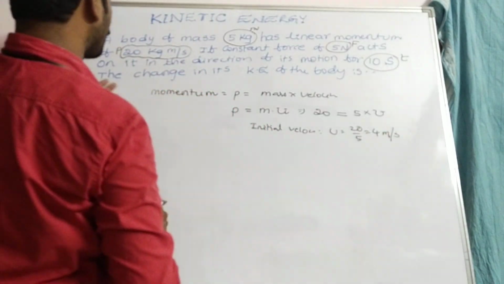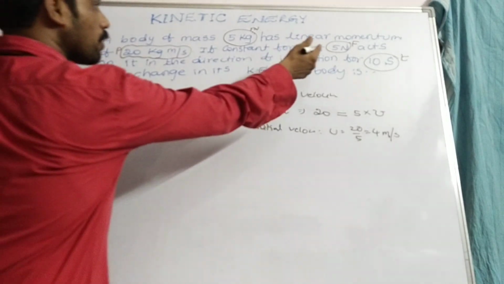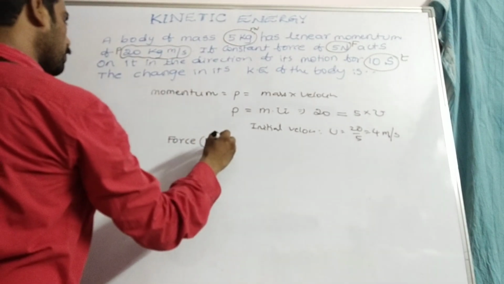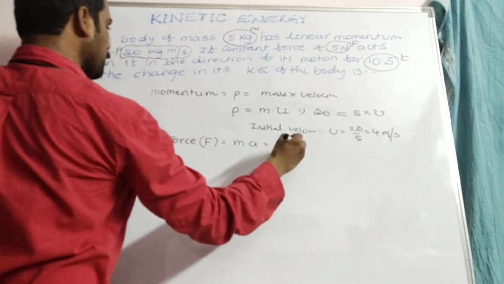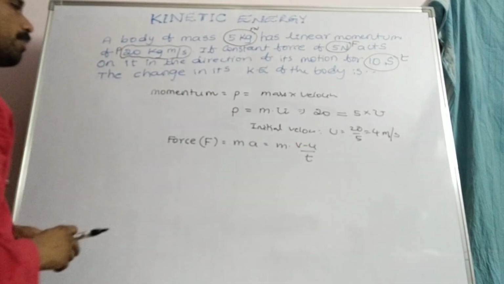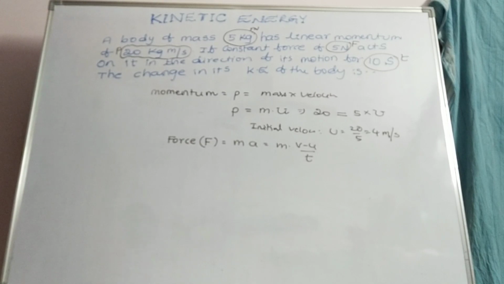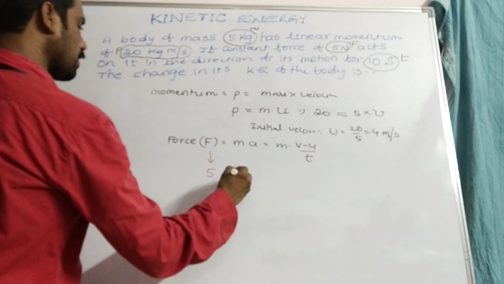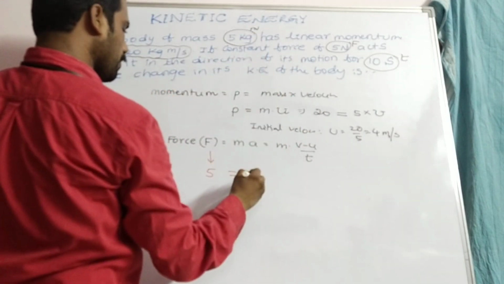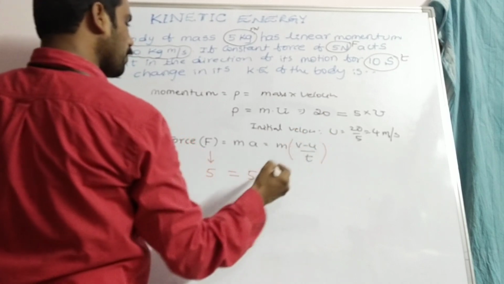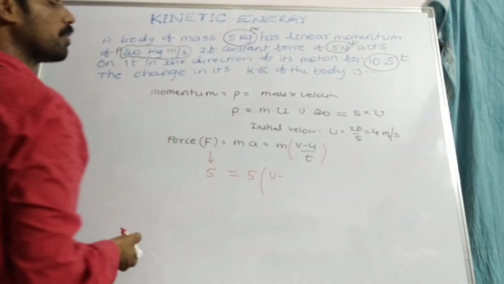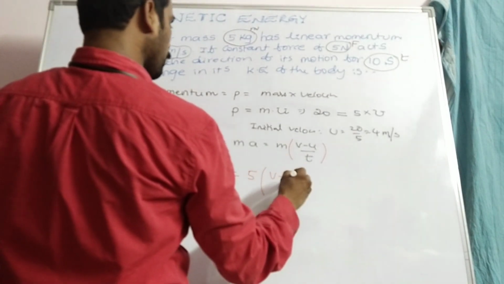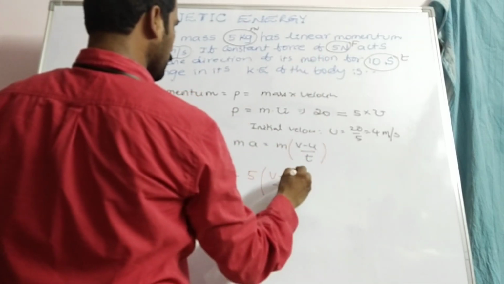Using this, we can find the final velocity. We have the magnitude of force, so we can write force F is equal to ma, which can be written as m into v minus u by t. For the F value, 5 newtons is equal to mass 5 into v minus u, where u is 4, by time, which is given as 10 seconds.